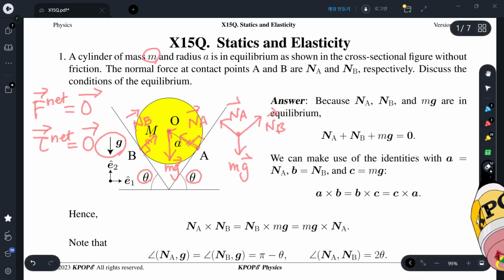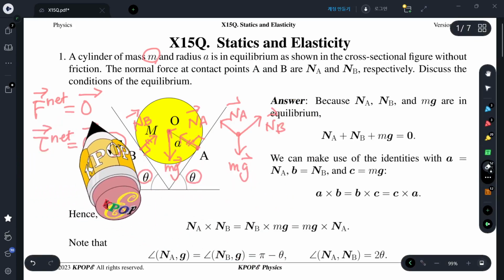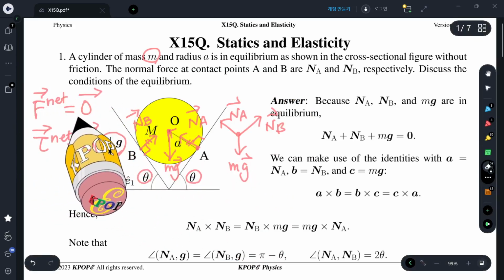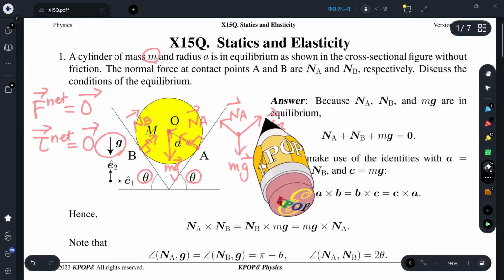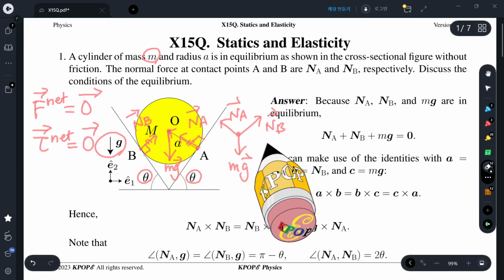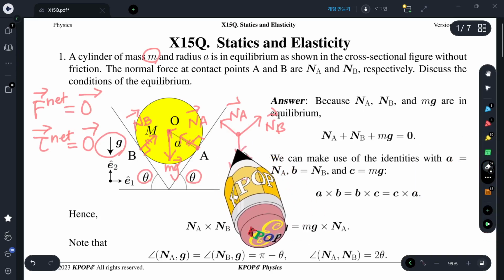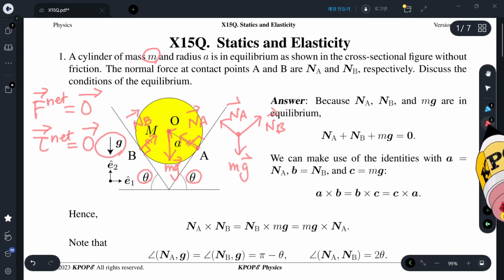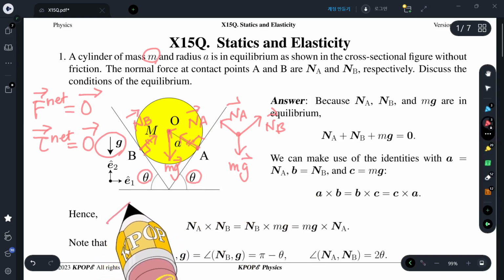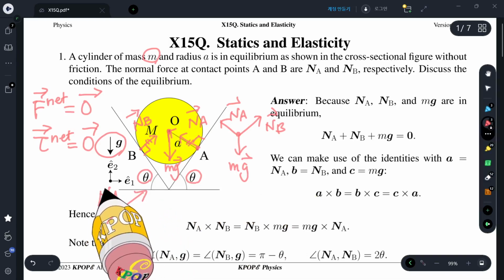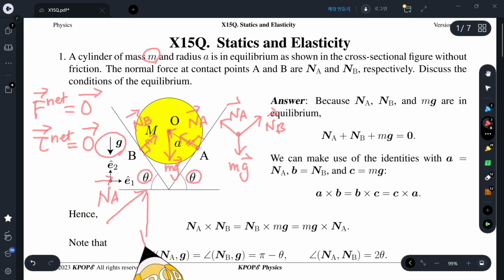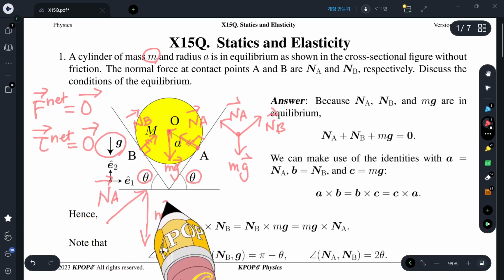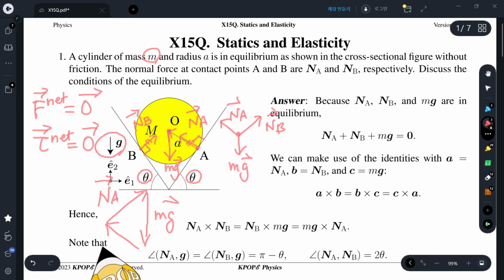Let us return to the equilibrium condition for the net force. The sum of the three forces is 0. If I translate these two forces, then I can always construct a triangle: NA and down, mg here, and NB. So we know the magnitudes of these two forces are the same.